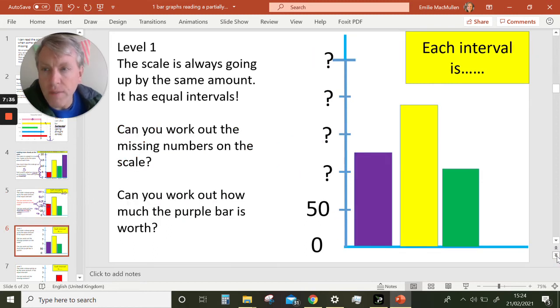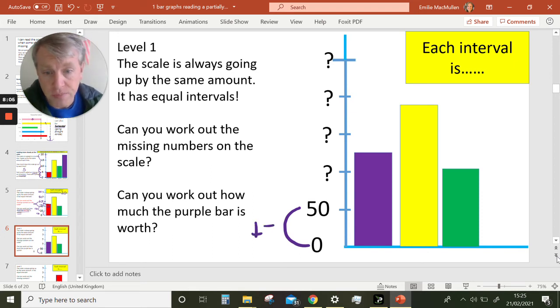Okay, here's another one for you to have a go at. Pause the video. What are the missing numbers on the scale? Okay, now, did you see, I didn't give you 2 now, because we don't really need 2. If we can see what the increment is from the start, 0 to 50, all of the increments, all of the intervals are the same.